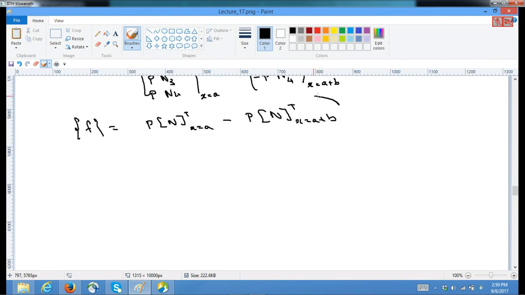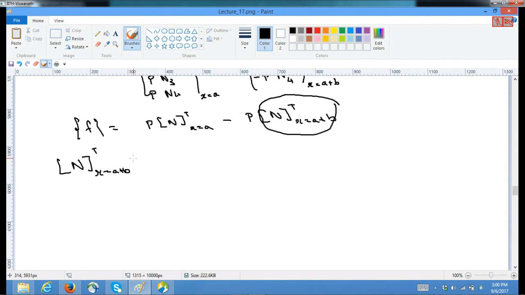Now I want to write this second term. I will focus on this. Let me take N transpose at x equals a plus b, and I will try to use a Taylor series expansion.